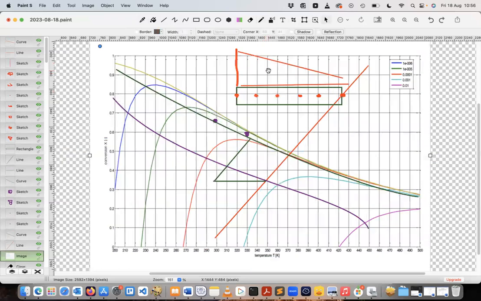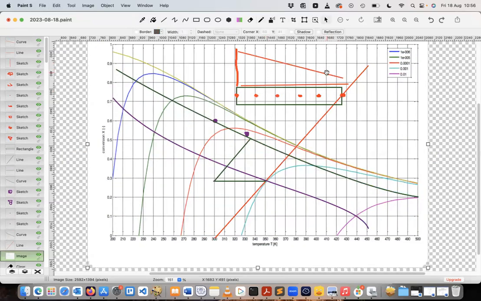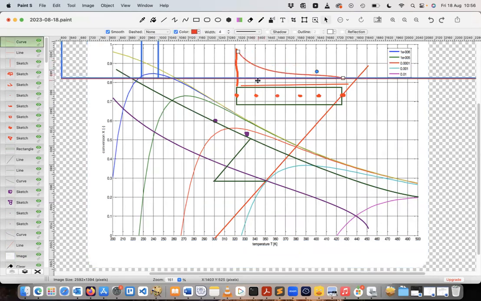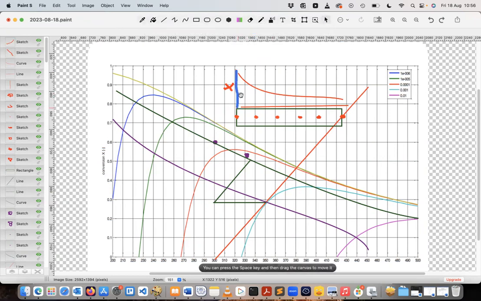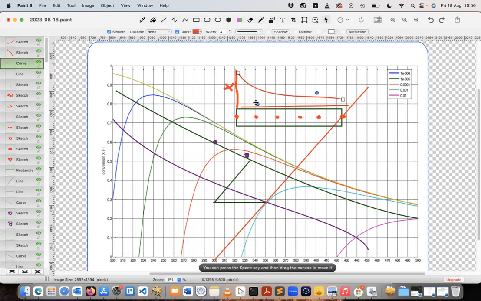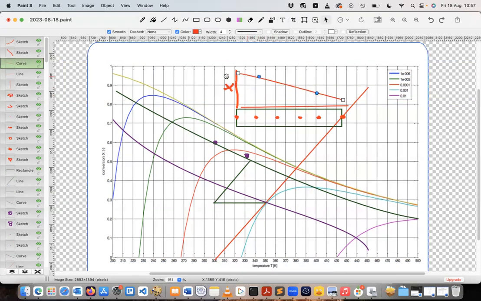And by the same token, we also have a whole profile for temperature. But just talking about conversion for now, in the PFR, we have all these other points. And in fact, I should have drawn this the other way around. So the conversion in the PFR is going up like this. It's much more like this.